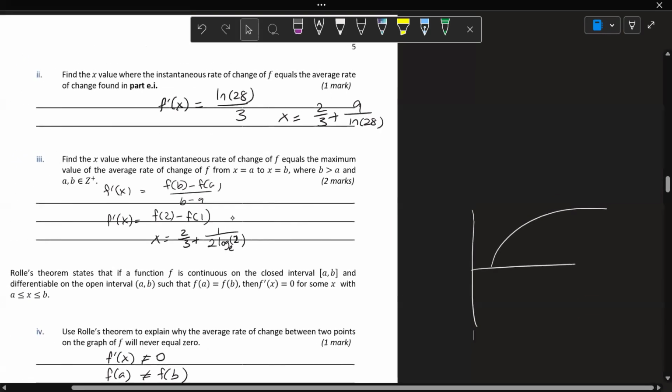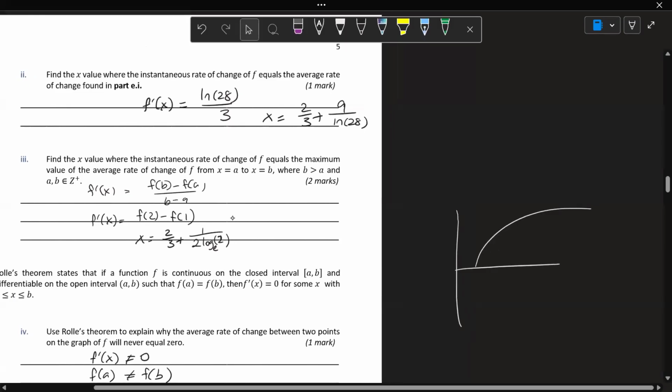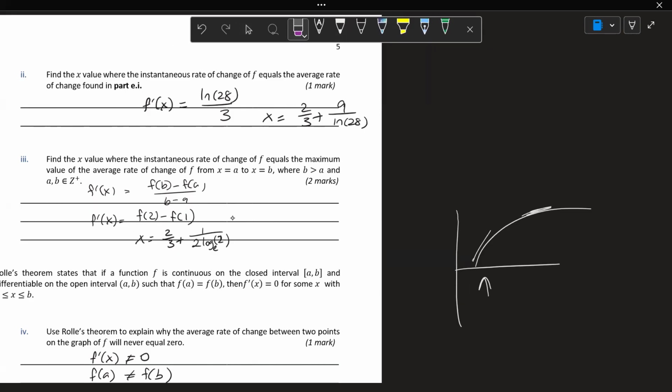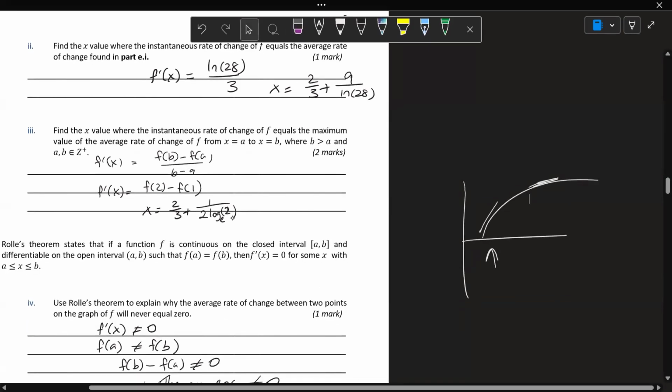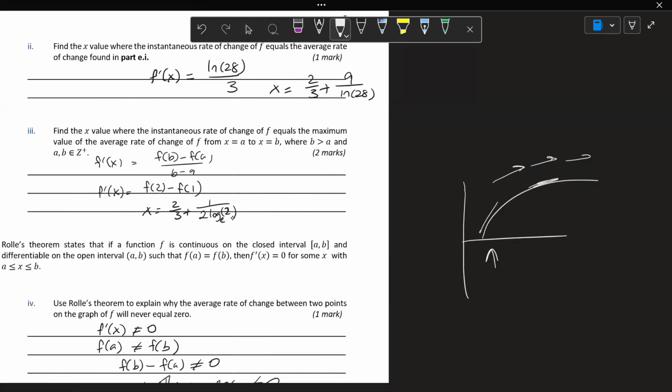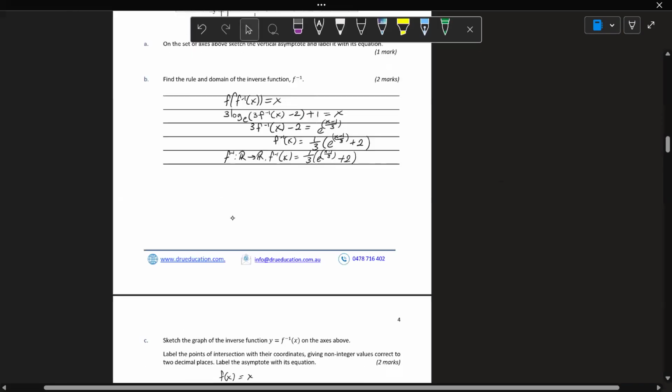And you can see that since it's a logarithmic function, it's increasing the most over here. Like you can see that the rate of change here is way larger than the rate of change here. Do you get that? You can see that the rate of change is actually decreasing as you go further and further. So that means that the maximum average rate of change occurs at the very start, or as close as you can to the start.